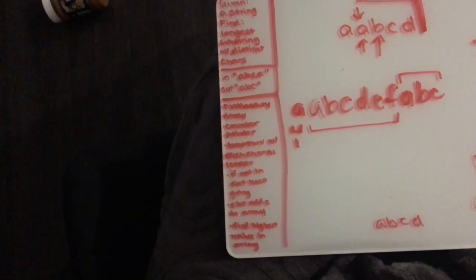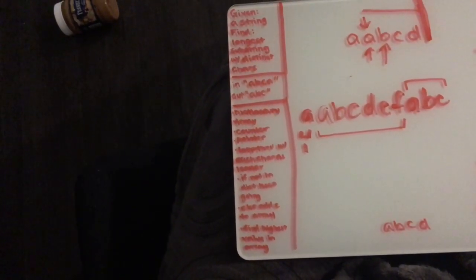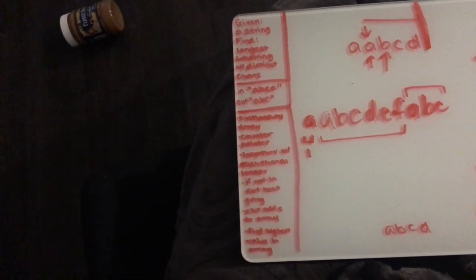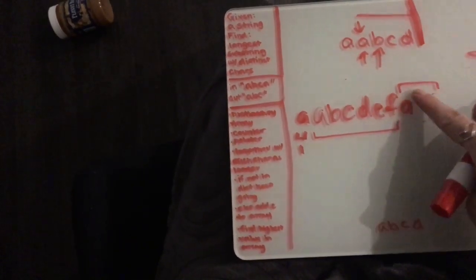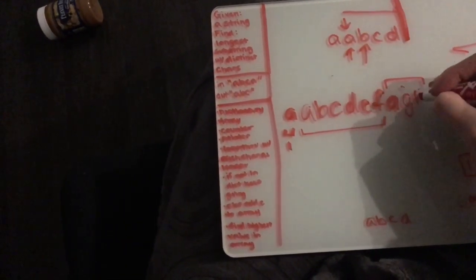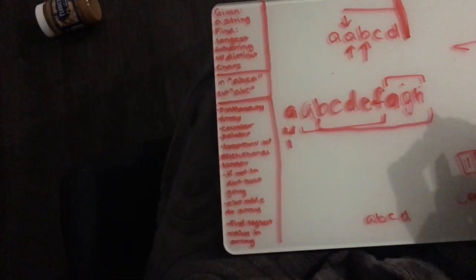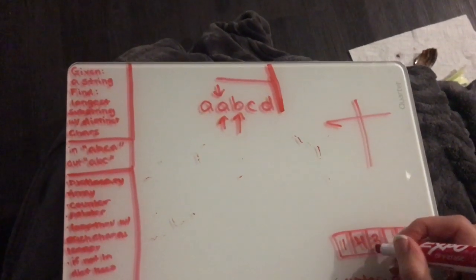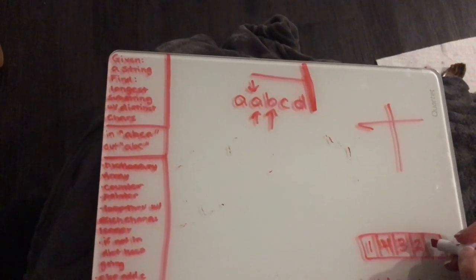An A here, so we'd have an array of 1, because if this was GH, then that would be the longest. Okay, never mind. So yes, we would keep going and we would find that B is 3, C is 2, D is 1.